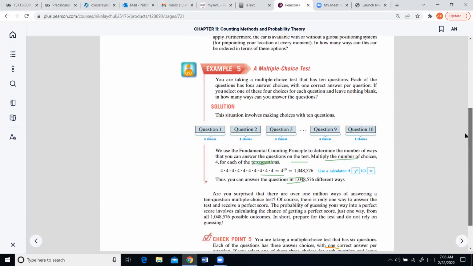So here's a very popular type of exercise that most of you, I'm sure, encountered when you took multiple choice tests.